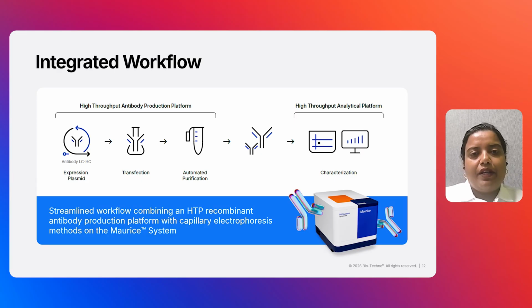Now, this application note describes a streamlined workflow that combines a high throughput production platform for recombinant antibodies with capillary electrophoresis methods on the Maurice system. Over 100 recombinant antibodies were produced on a high throughput platform, purified, and then analyzed for charge heterogeneity with imaged capillary electrophoresis and for size with capillary electrophoresis CESDS.